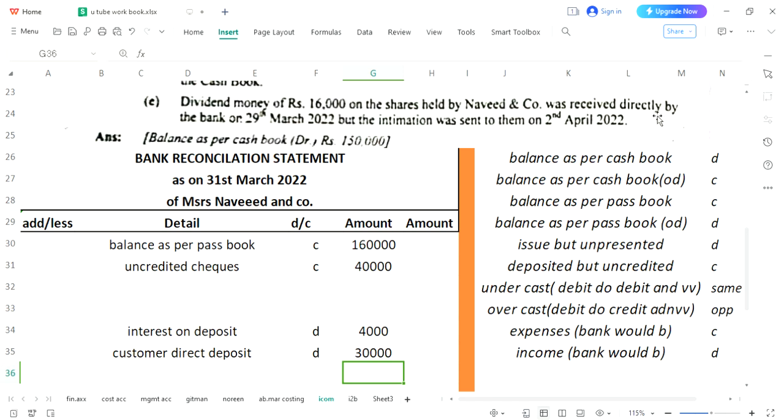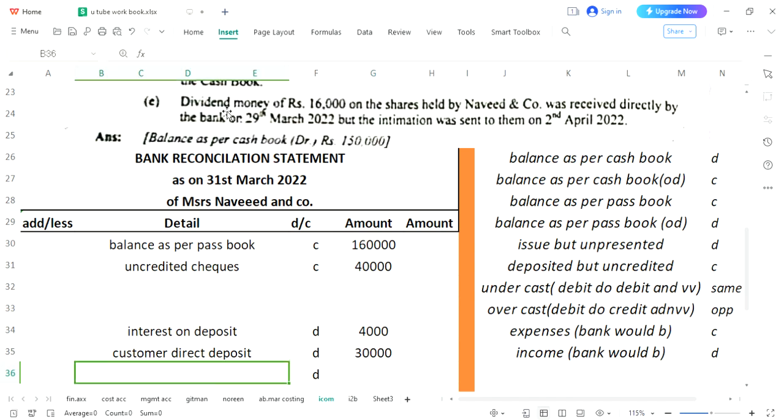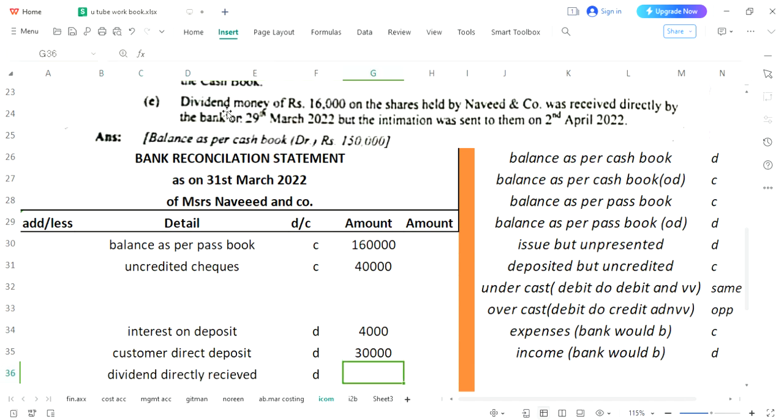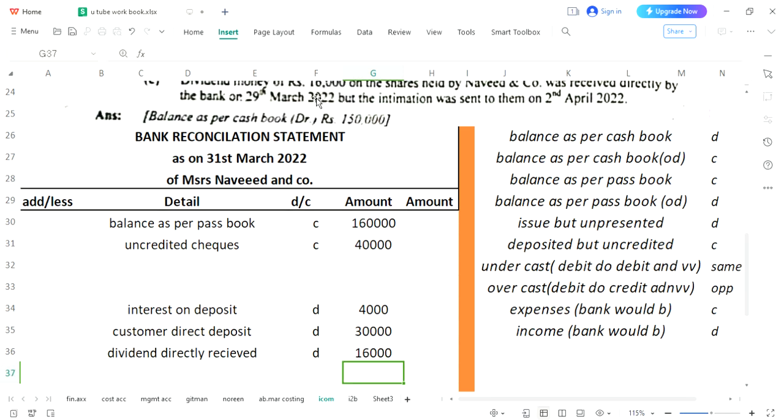And directly by the bank means that the income is received by the bank. Your bank amount has been increased. An increase in bank account should be debited, so you will debit. This is dividend directly received. The dividend directly received is 16,000. Put it over here. So that was the last entry.